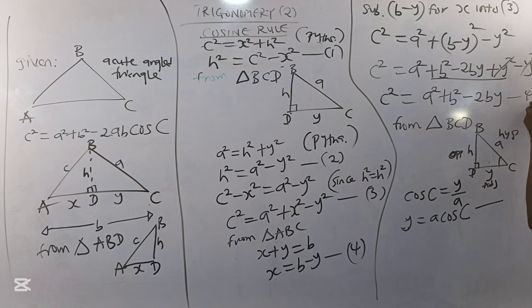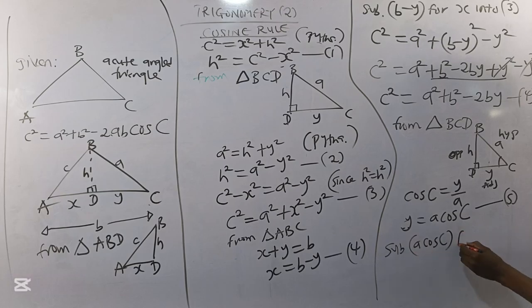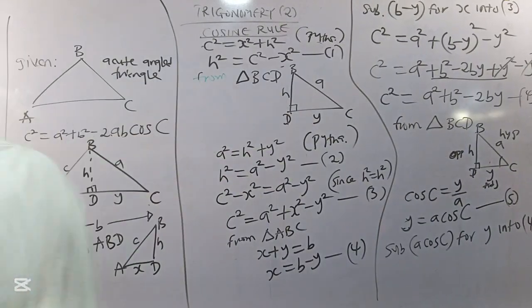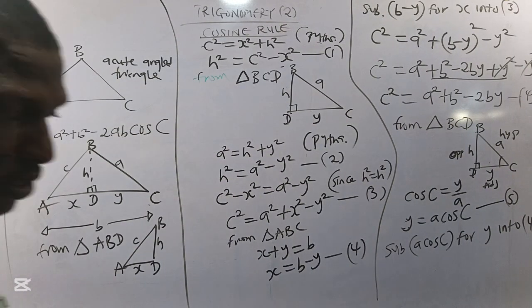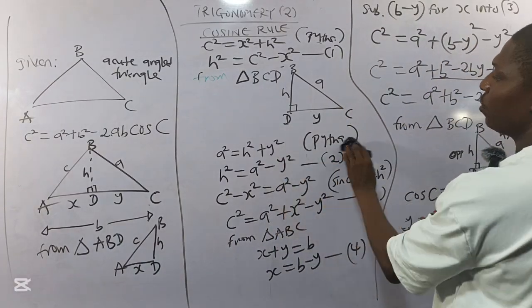Let this be equation 4 and let this be equation 5. So we can say substitute in brackets A cos C for Y into 4.